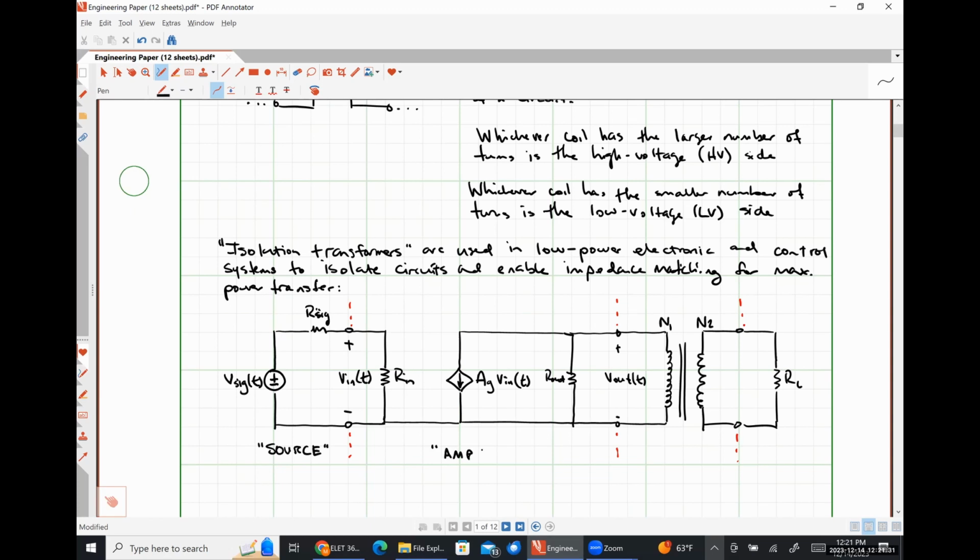Here in the middle, we have our amplifier stage. Over here, we have our transformer. And then over here, we have our load. So can anybody think of a system that might be described by this generic circuit?